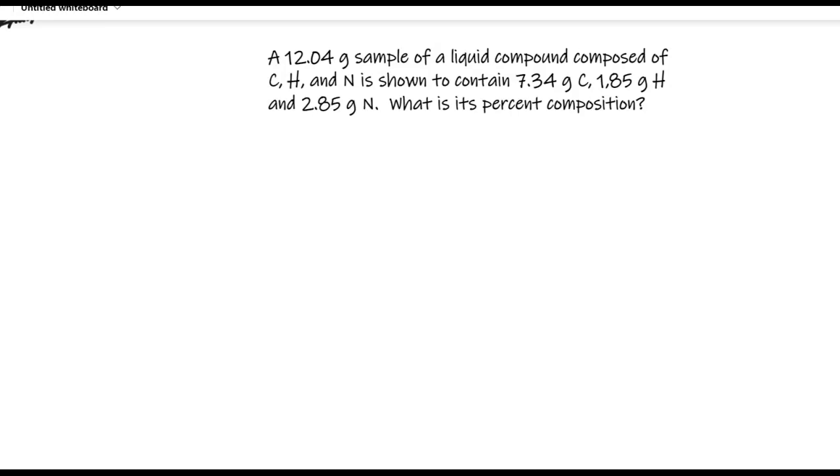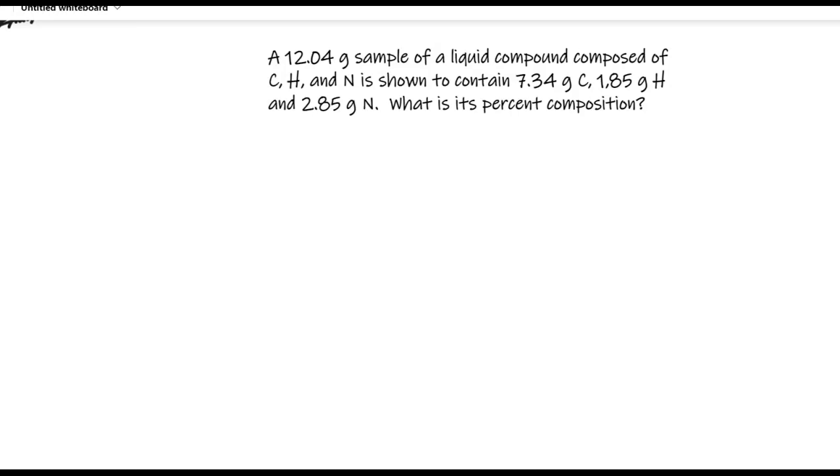So we are going to go ahead and get the percent composition. Now I should give you a heads up. We are learning percent composition in order to work backward to find formulas of chemical compounds.